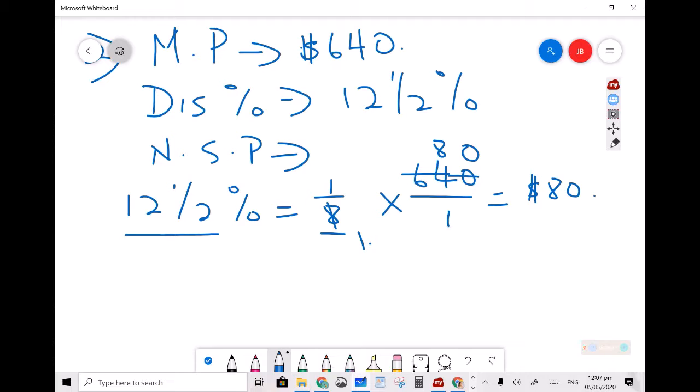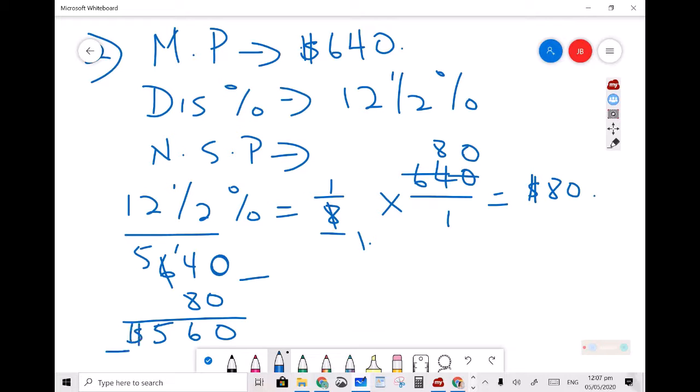Our new selling price, however, would be 640 minus 80, which is $560. $560 would be our final answer.